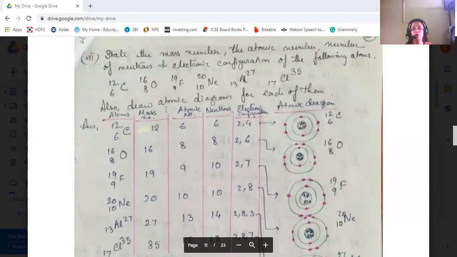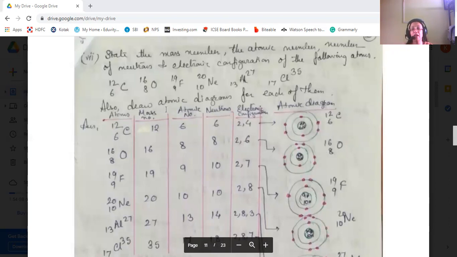Neutrons is also 6, because atomic number means the number of protons or the number of electrons. So mass number is 12. Mass number minus atomic number is equal to the number of neutrons. So it's 6. The electronic configuration is 2 and 4. In the atomic diagram, the first shell contains 2 electrons, and the second shell, the valence shell, contains 4 electrons.